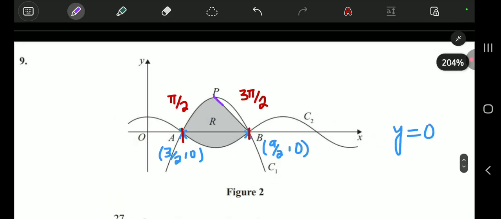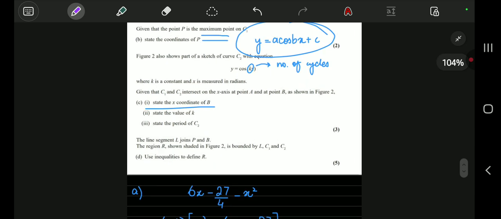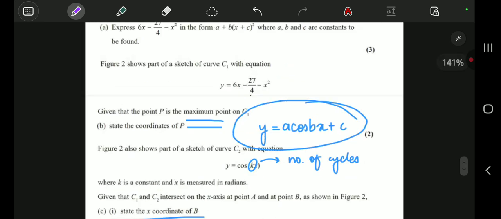There is the line PB, a part of your curve C1, and curve C2 is this, and this region is bounded by 3 curves, meaning one line and 2 curves. They're asking us to use inequalities to define R. We can do that once we know the equation of line L.